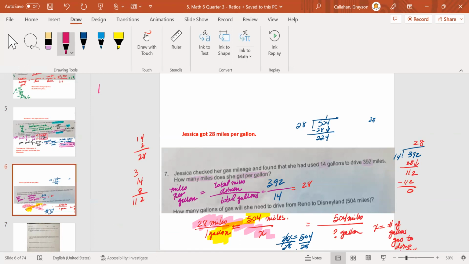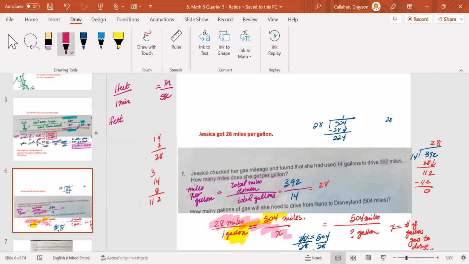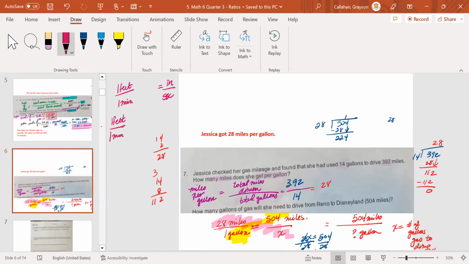When you have, let's say, 1 foot over 1 minute, and the answer wants inches per second, do you see how feet had to be converted to inches, minute had to be converted to seconds? 1 foot over 1 minute times, well, 1 foot also equals 12 inches.